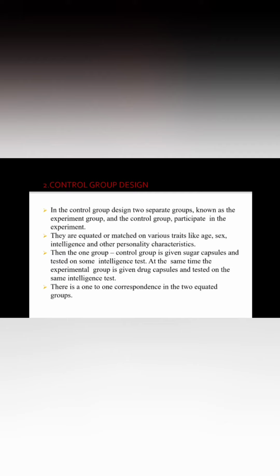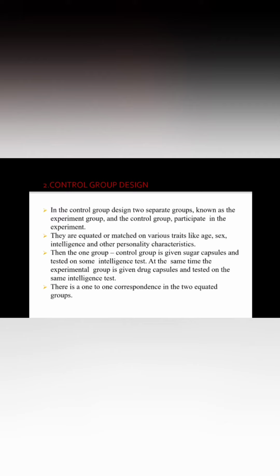They are equated or matched on various traits like age, sex, intelligence and other personality characteristics. Then one group, the control group, is given sugar capsules and tested on some intelligence test. At the same time, the experimental group is given drug capsules and tested on the same intelligence test. Then the results are noted.